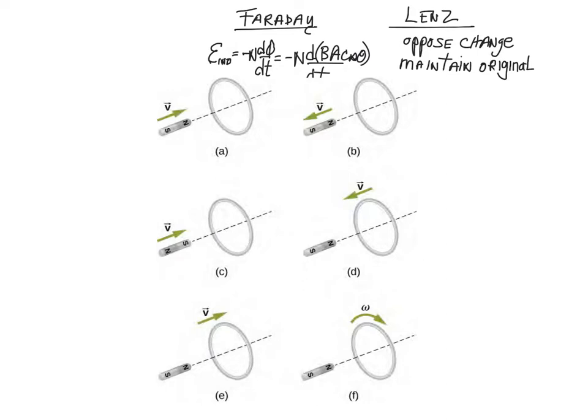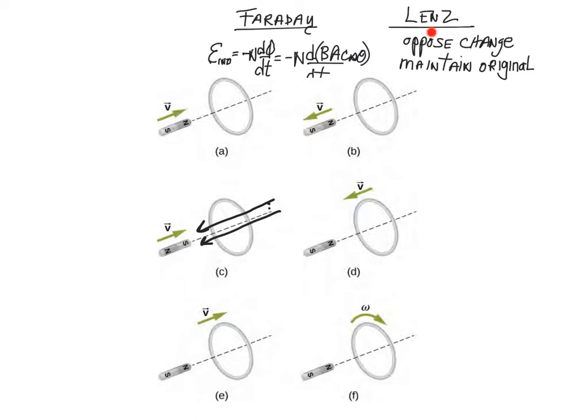So in figure C, draw in the direction of the field and how it's changing. So the field lines go into the South Pole. So we have a field in this direction, and if the South Pole is moving in, we have an increasing number of field lines in this direction. So the induced current has to do what?